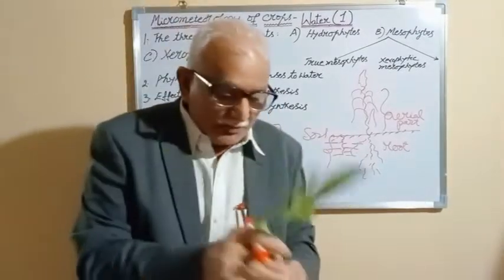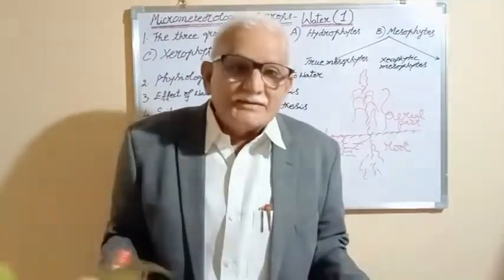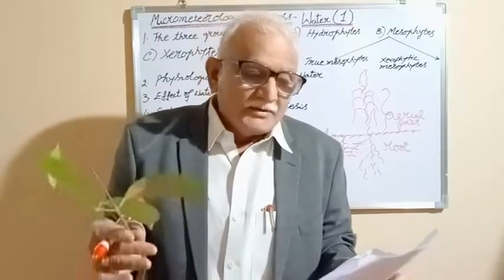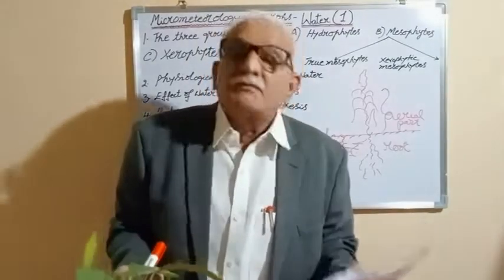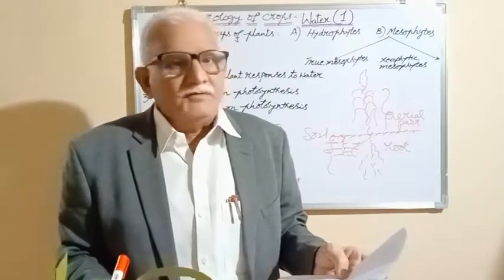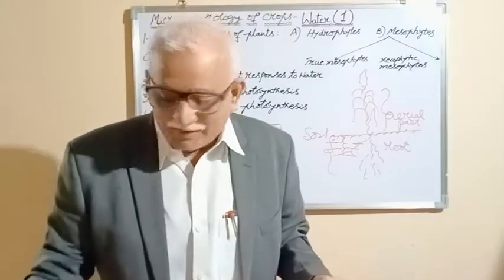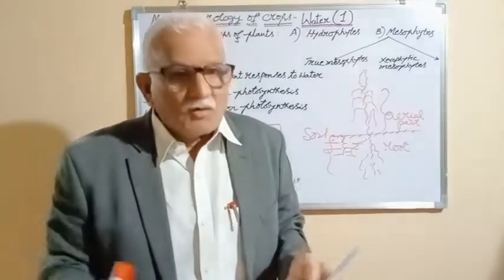This is another important thing. The quality of economic yield, that is the flower production, seed production, and thereby the grain yield, are significantly influenced by moisture stress or water stress as far as crop plants are concerned.